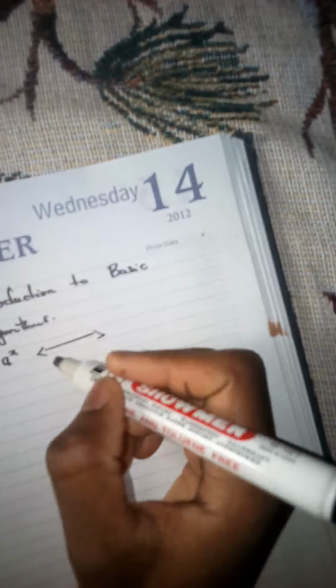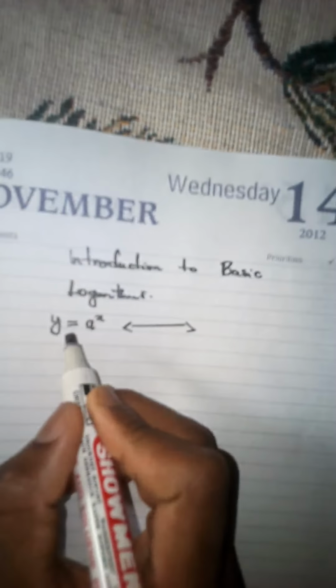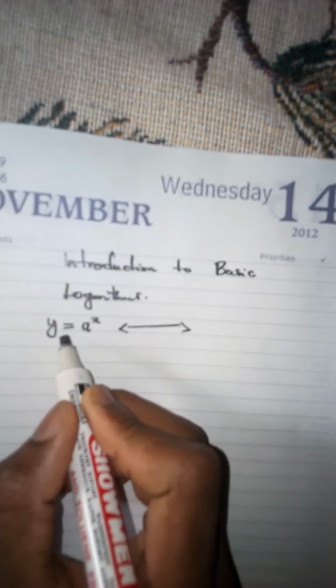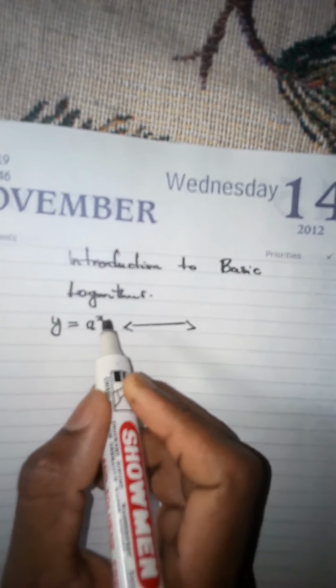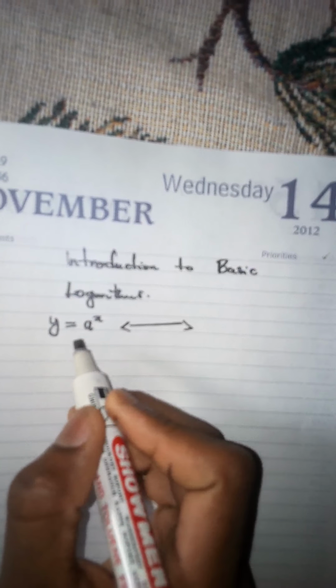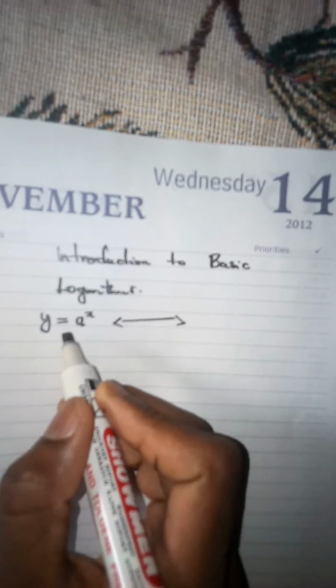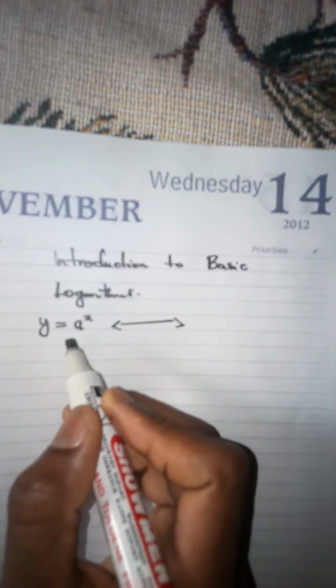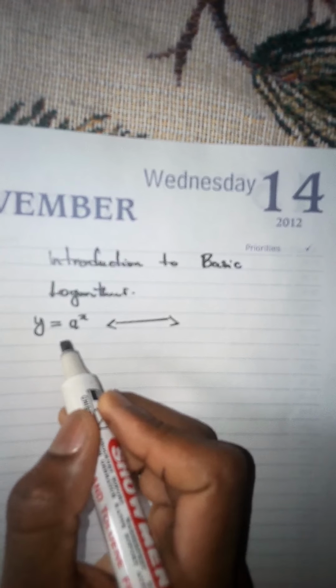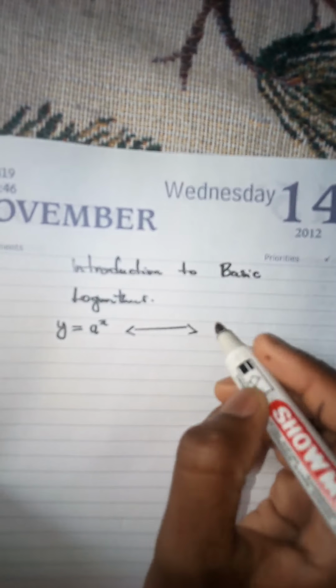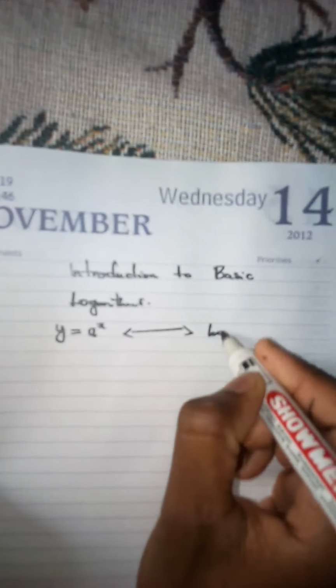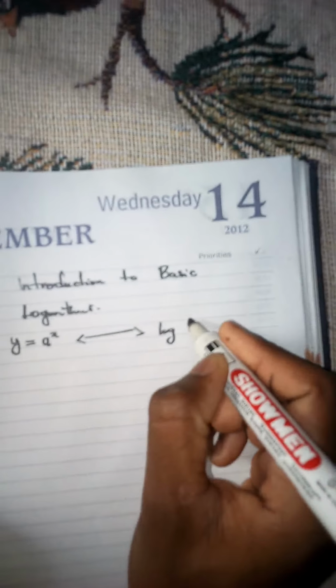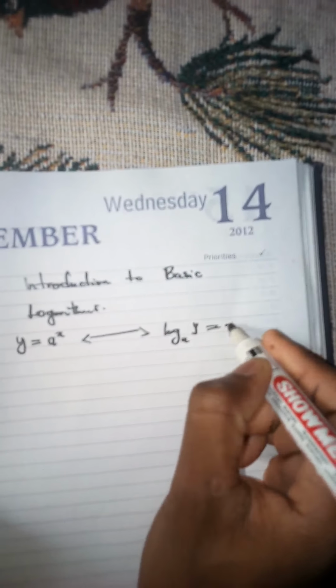If I have y equal to a to the power x as an exponential equation, the inverse of this is a logarithmic equation, which would be the logarithm of y to the base a is equal to what? x.